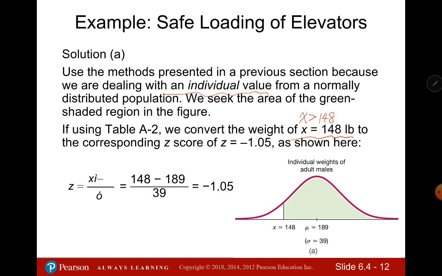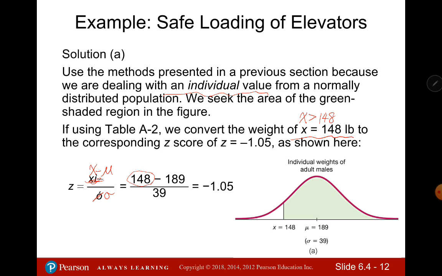Then step 2, we do the Z transformation conversion. Okay, so here it's the single x value. So you realize then the denominator will be the simple one. It's just the sigma. So we plug in the values. Remember, the first value will be 148. It's the single value we have, x, minus the mu.